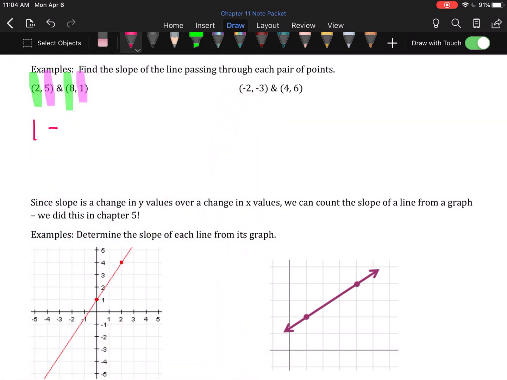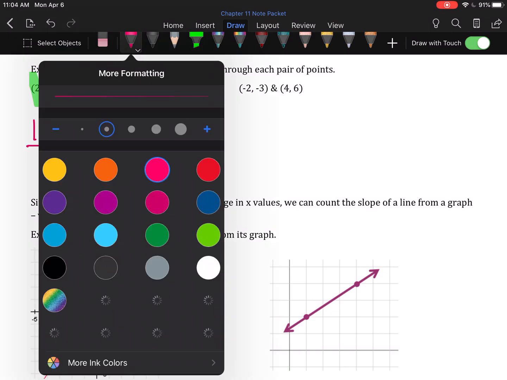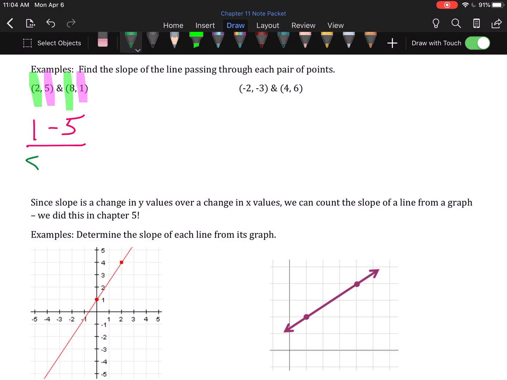Second y value minus first y value on top of second x value minus first x value. Okay, look at how I did that. 1 minus 5, y2 minus y1 over 8 minus 2, x2 minus x1.